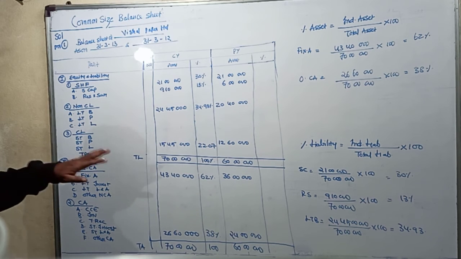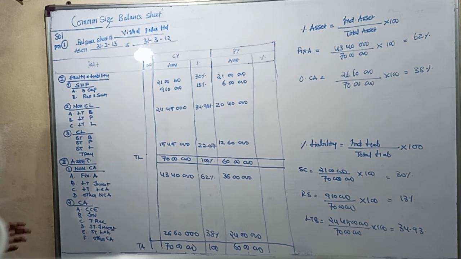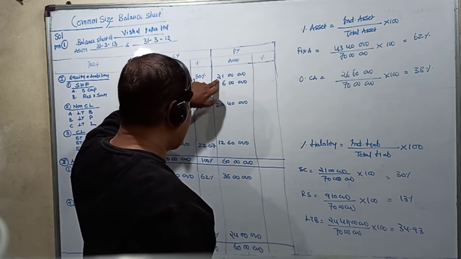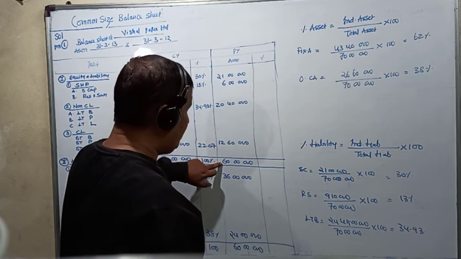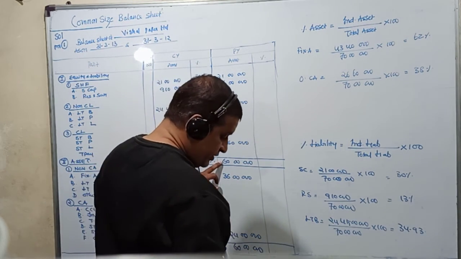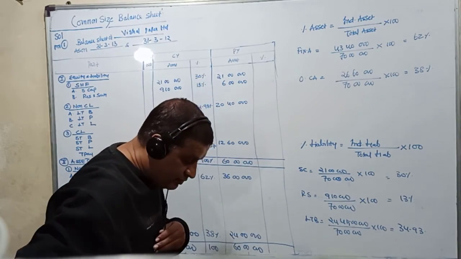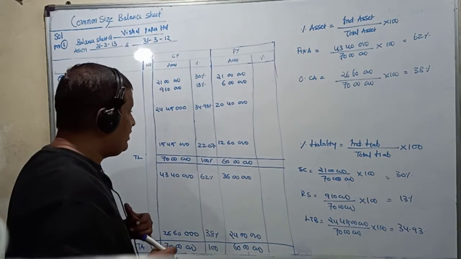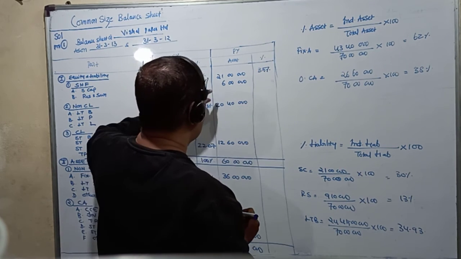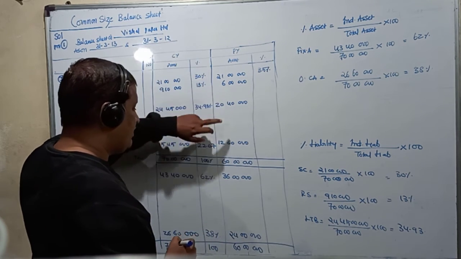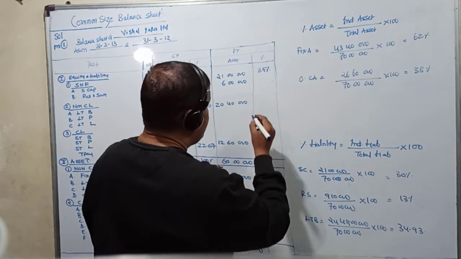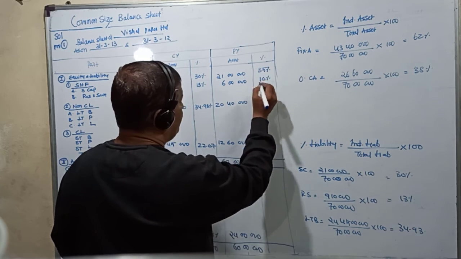Exactly like this you have to calculate for the previous year also. Individual liability 21 lakhs divided by total liability 60 lakhs into 100, so this would be 35%. Individual liability 6 lakhs divided by 60 lakhs into 100 would be 10%.